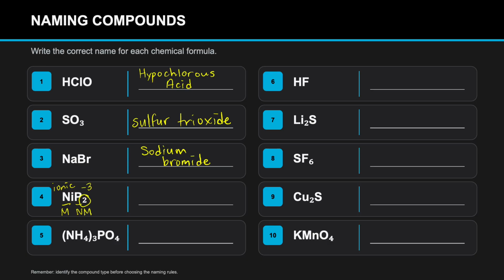If we have 2 of them, that means totally we have a -6 charge for our anion, which means our cation also has to be a +6 charge. Since we only have 1 of them, we know nickel has to be a +6 charge. So the name would be nickel 6 phosphide.